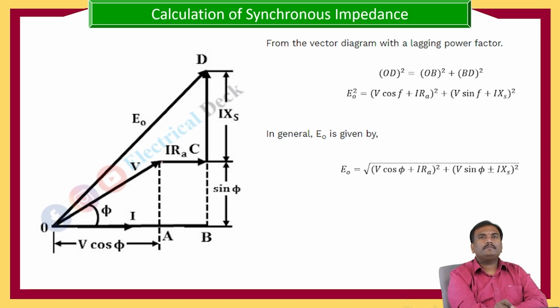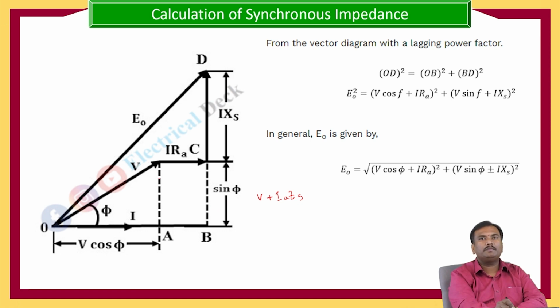For any load, the no load voltage is equal to the rated voltage plus IA into RA plus IA into XS, or we can also take it as rated voltage plus IA into ZS. So this ZS has the armature drop and the reactance drop.